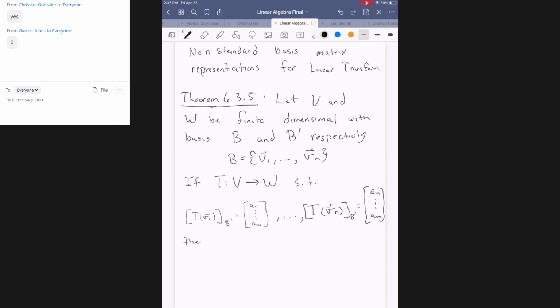Then the matrix representation of T is what? Well, this matrix, A11 all the way to A1n, all the way to An1, all the way to Ann.